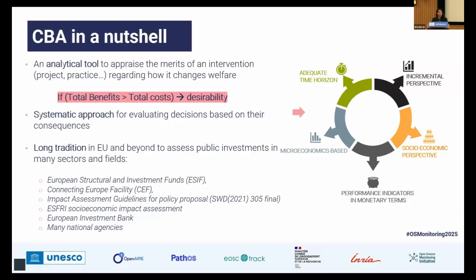Most importantly, this methodology focuses on those effects which can be directly attributed to the intervention we are evaluating. So in the framework of the PathOS project, with the cost-benefit analysis, we tried to measure those effects which can be directly linked to the open science practice we are evaluating.